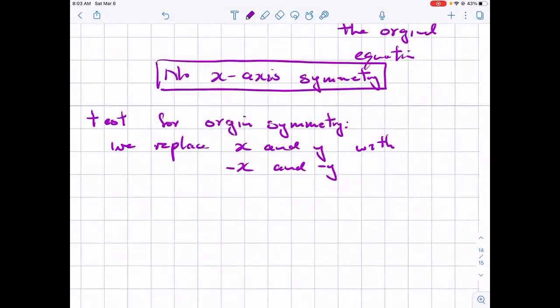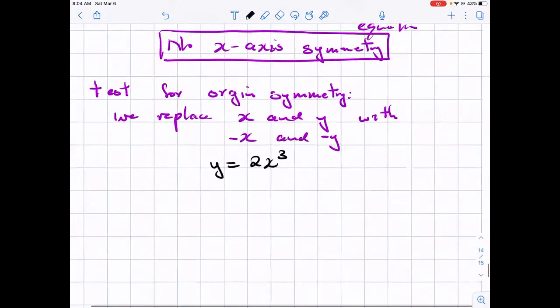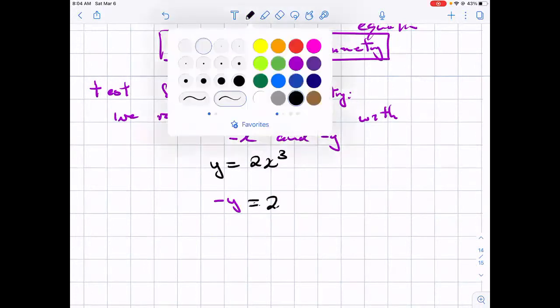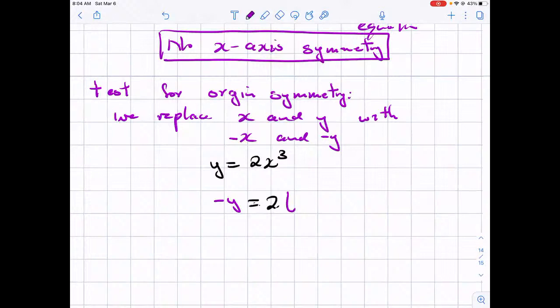Remember what my equation is: y is equal to 2x cubed. Now we replace y with minus y, and that is going to be equal to 2, but we replace x with minus x also.